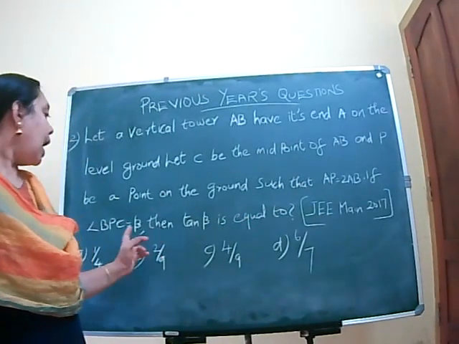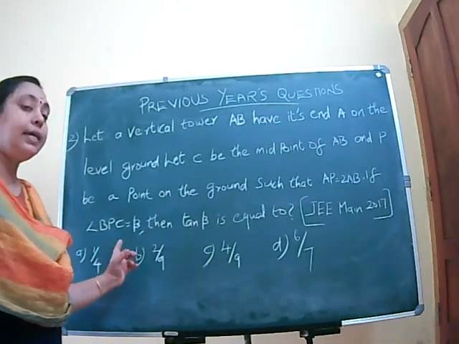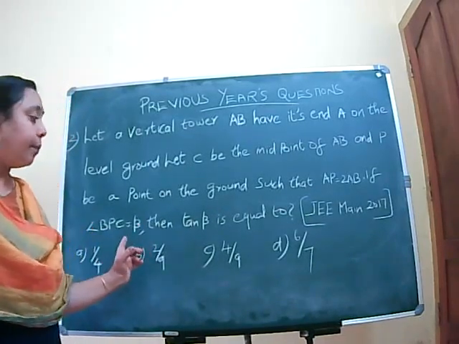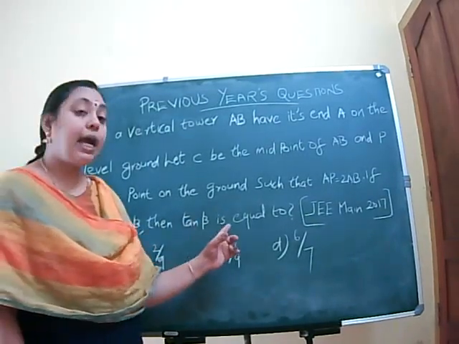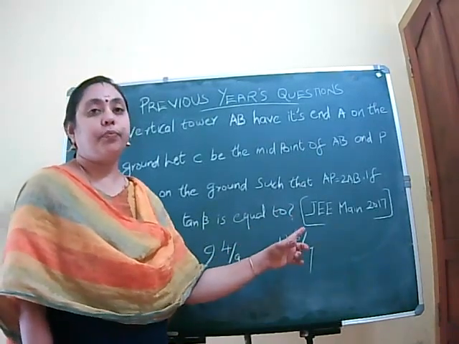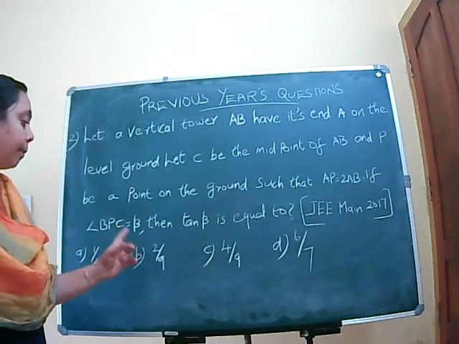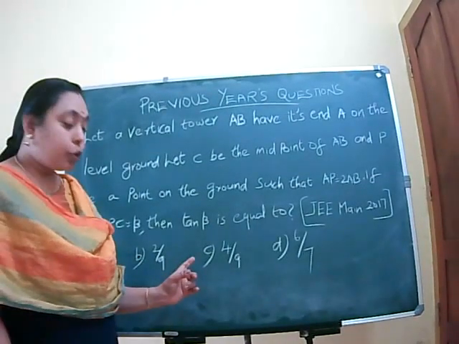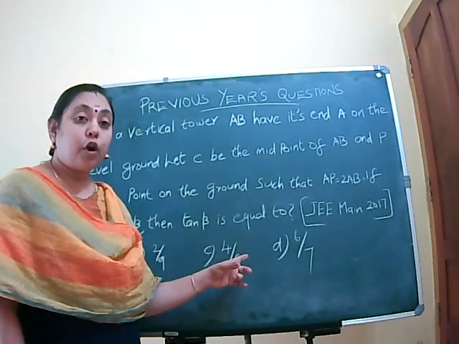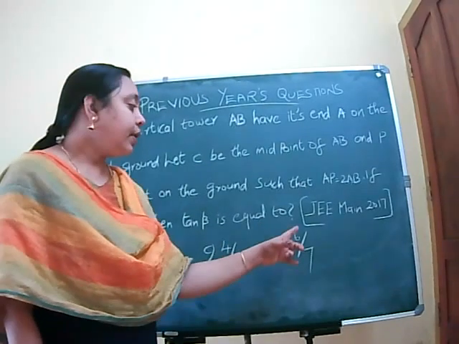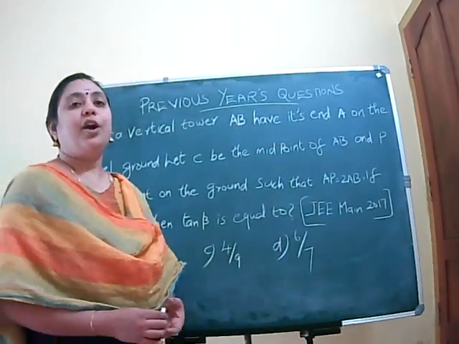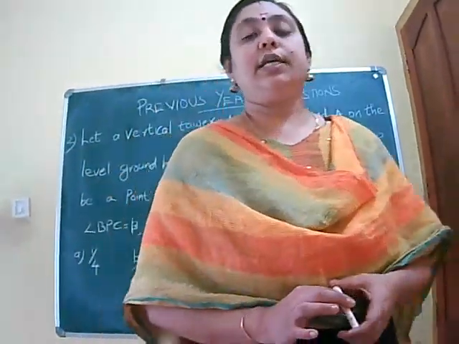If angle BPC is equal to beta, then tan beta is equal to options A 1/4, B 2/9, C 4/9 and D 6/7. Okay, that is the question.